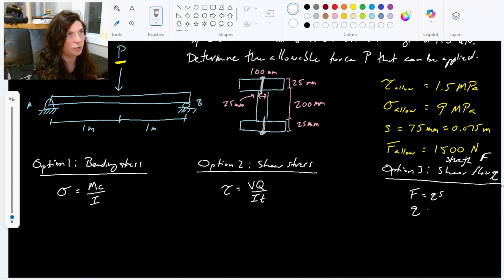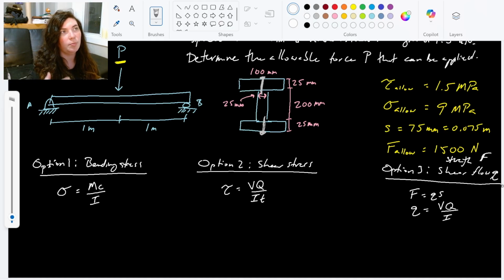And we also know q equals VQ over moment of inertia. Shear flow is V times Q over moment of inertia. So essentially 3 different equations, 3 different ways we're going to try to solve for P. But we're still missing a lot of the ingredients that we need for each of these use cases, right? So 2 of them need the Q value, 2 of them need the shear value, the first one needs a moment, and all of them need moment of inertia.